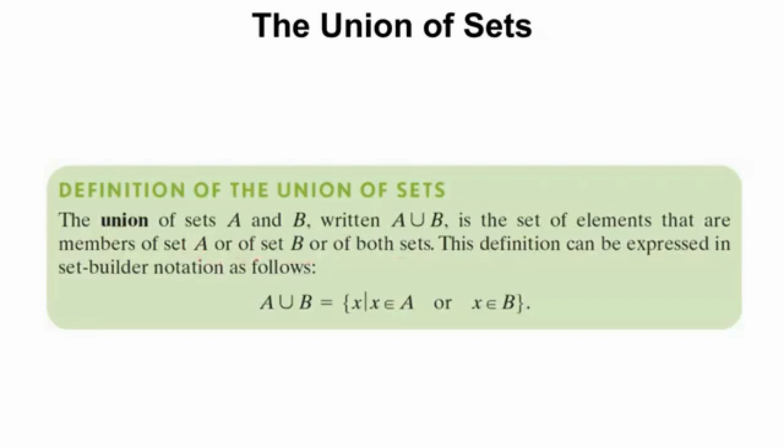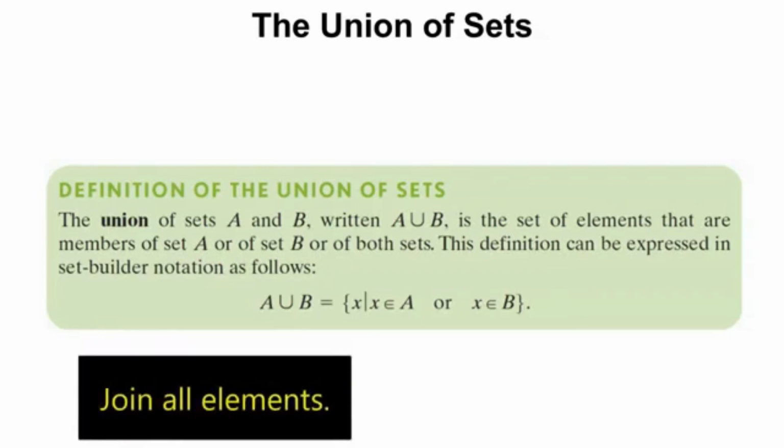Meaning to say you are just going to get all the elements of all sets. You just have to gather all elements of both sets. So when you say union, you're just going to join the sets. This is how we're going to define the union of two sets. A union B is the set of all x such that x is either in A or in B.